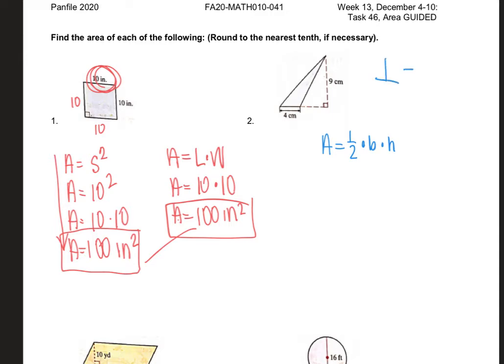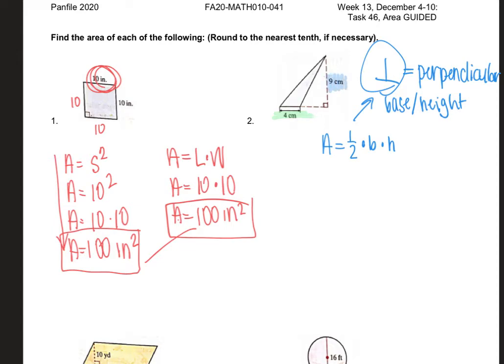Perpendicular means that they meet at a right angle. So the base and the height have to meet at something that looks like that. No diagonals in there. So if I look at this, my base is 4. My height is 9.